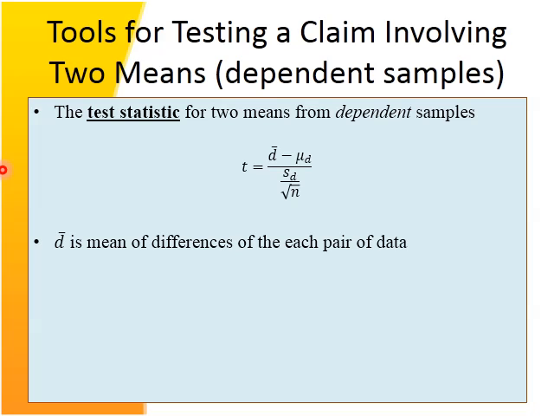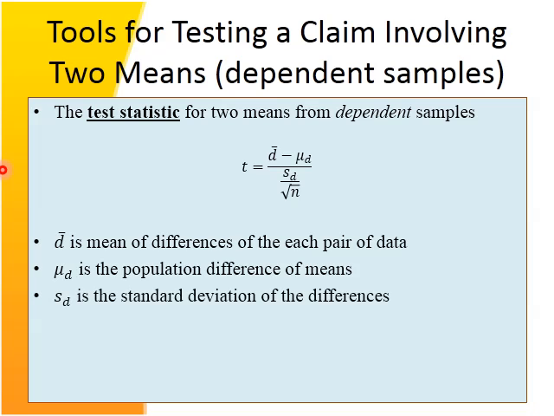So in other words, we pair up the data, we find the difference of each of those pairs, and then from all those differences we calculate the mean, and that'll be our D bar. Mu D is the population mean difference, and SD is the standard deviation of all of the differences from our sample.